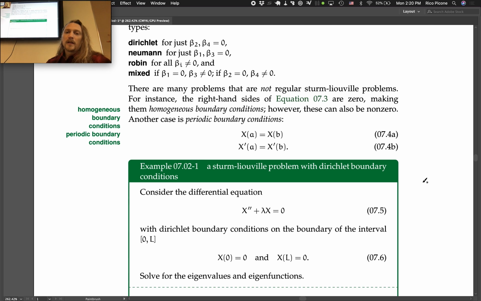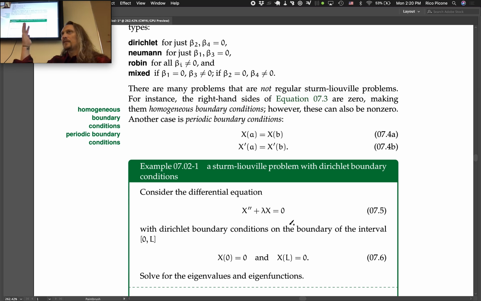So what I'll do here is we'll start this example, and then I'll give you guys a few minutes to try to work on it, and then we'll come back and we'll do it together. Consider the differential equation X double prime plus lambda X equals 0.